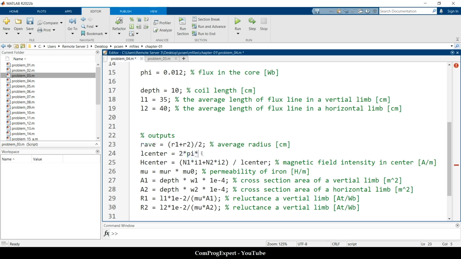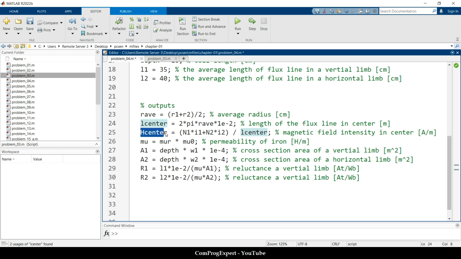So I want to calculate L center in meters, so I multiply it by 1e minus 2. This is the length of the flux line in the center. The unit is meter. So we have R average, we have L center, and we can calculate H.